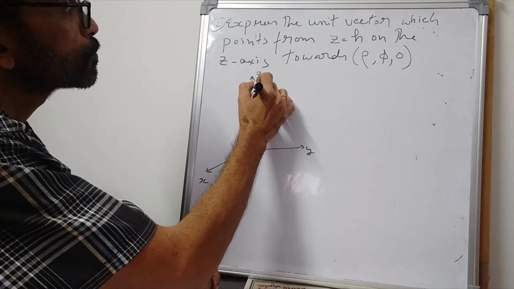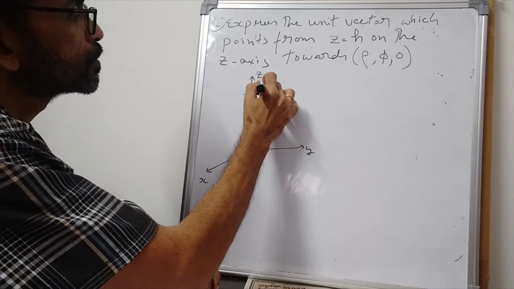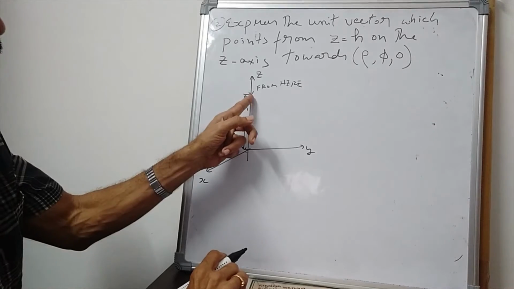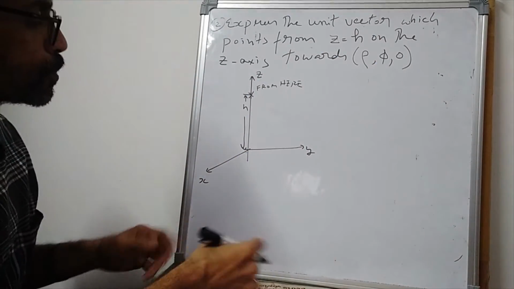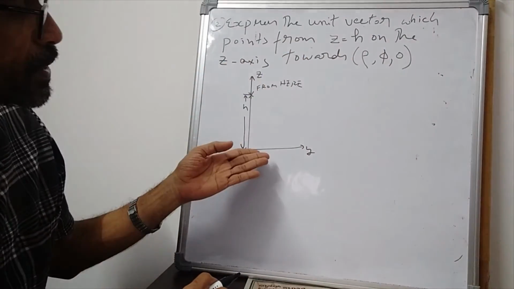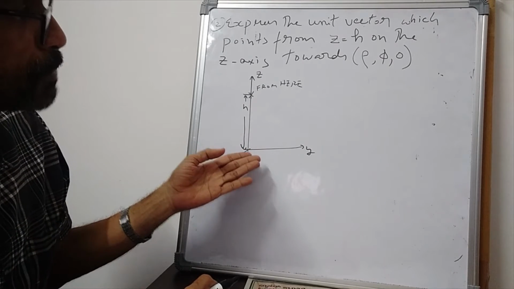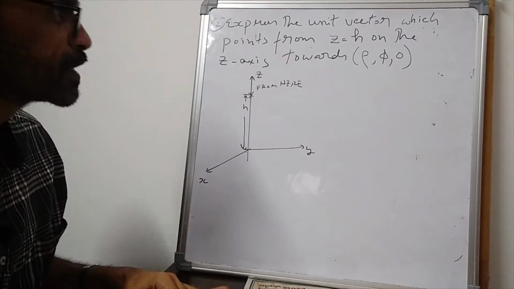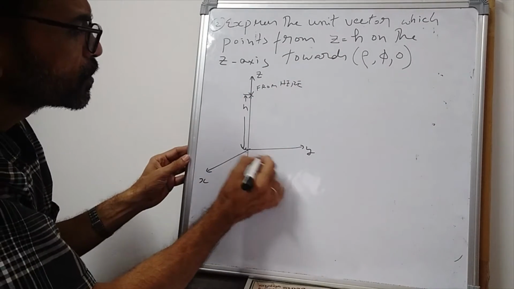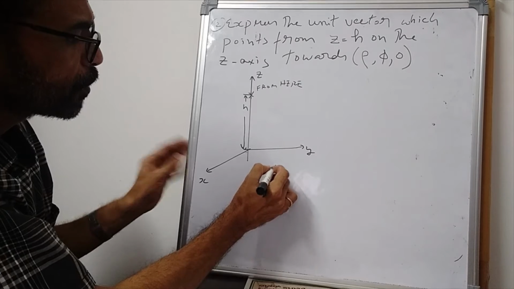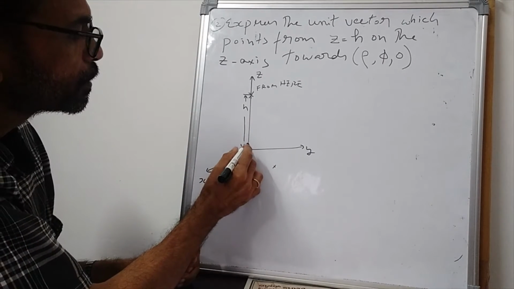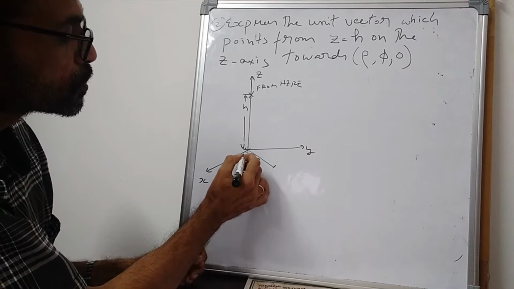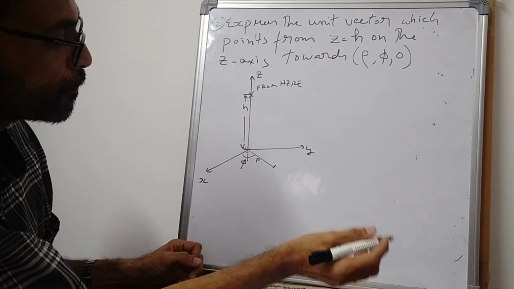So we have to find out the unit vector from here to rho phi 0. Now rho phi 0, z coordinate is 0, means we are on the xy plane and rho and phi can be any value. So for my convenience, I'll just take it as a point somewhere here on the xy plane. So this is rho, this is phi.